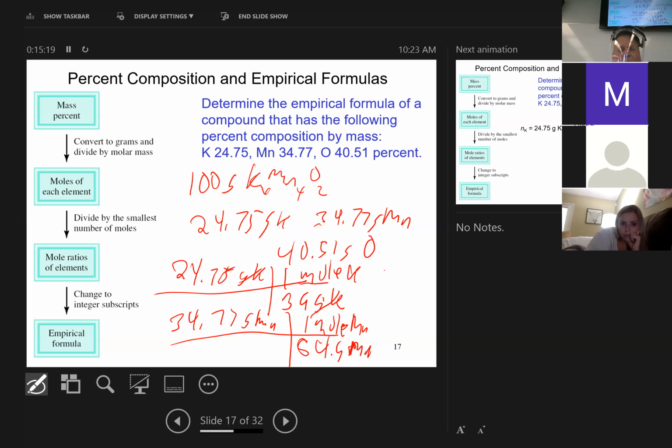And then you do the same thing for oxygen, 40.51 grams of oxygen, and it's 16 grams of oxygen per 1 mole of oxygen. And essentially you do the math there too, okay? Does everybody understand the logic? Okay, say what you don't understand.